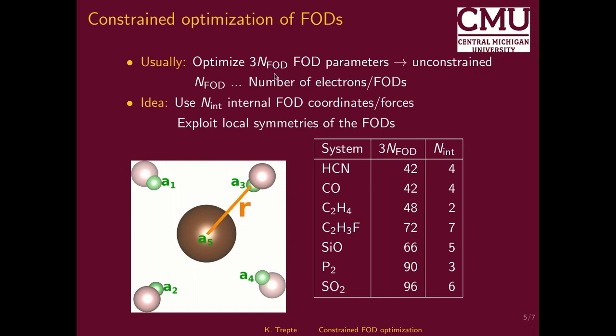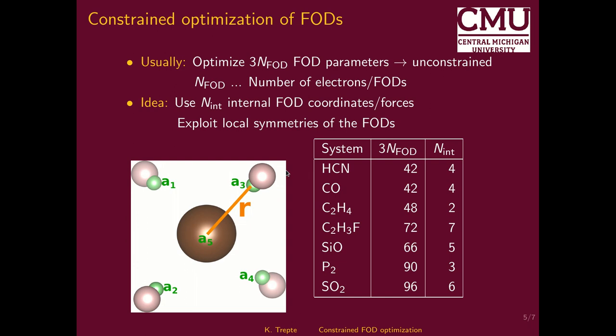In this case, n FOD is the number of electrons or FODs in your system. And the idea is now to use a number of n internal coordinates by exploiting the local symmetries of these FODs that I showed in the last slide.